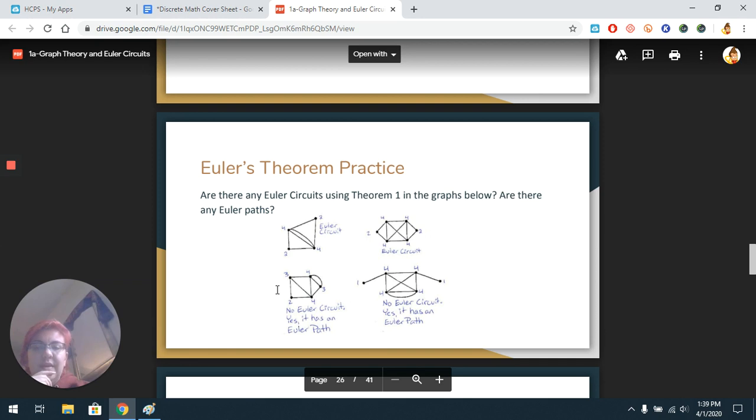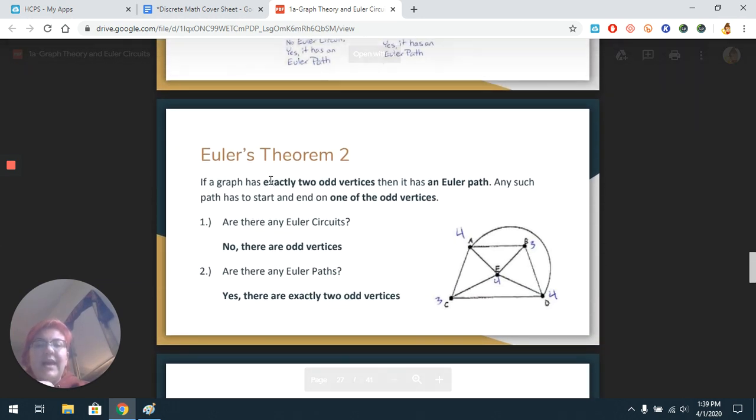Well, it tells us that if we have exactly 2 odd vertices, exactly 2, then we have an Euler path. So here you have your odd vertex here and your odd vertex here, exactly 2. And any such path must start and end on the odd vertices.